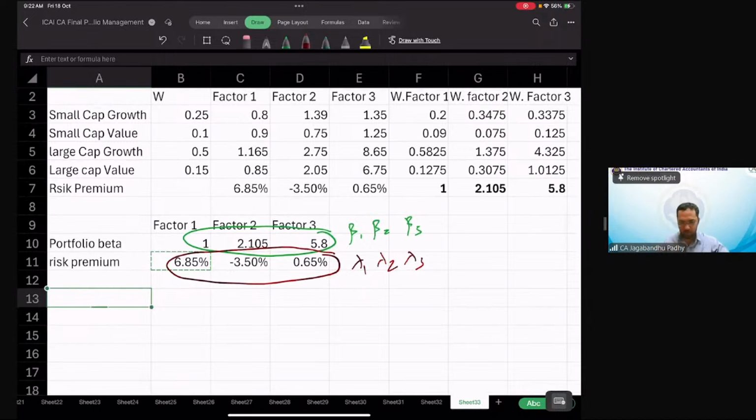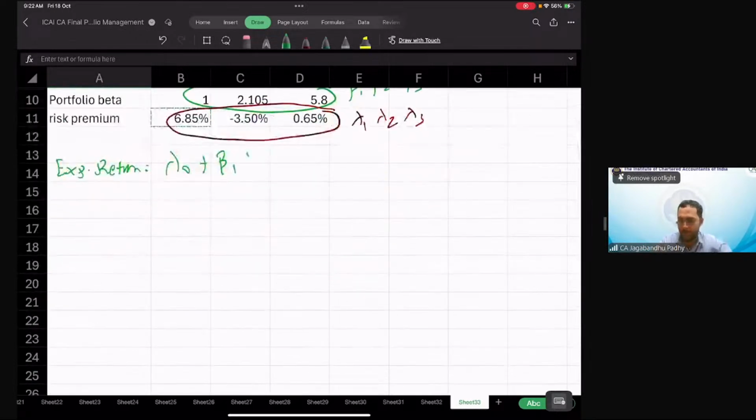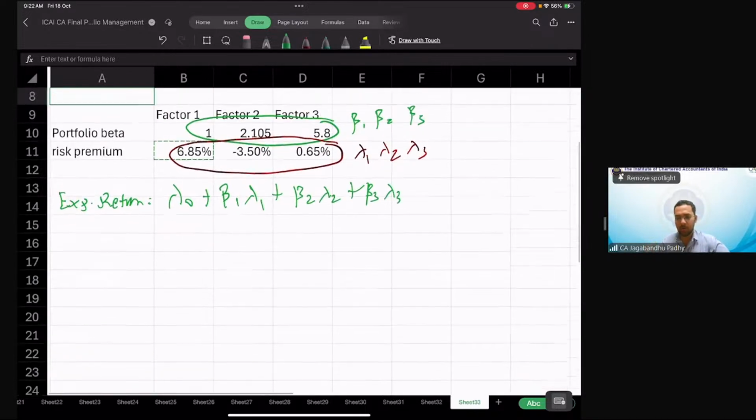Okay, so now we know the expected return of our portfolio. The expected return will be calculated as lambda 0 plus beta 1 into lambda 1 plus beta 2 into lambda 2 plus beta 3 into lambda 3.